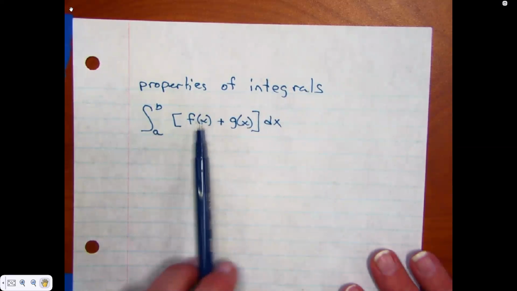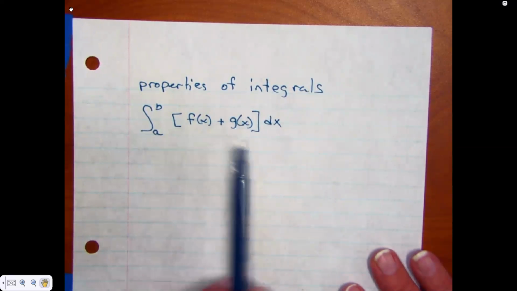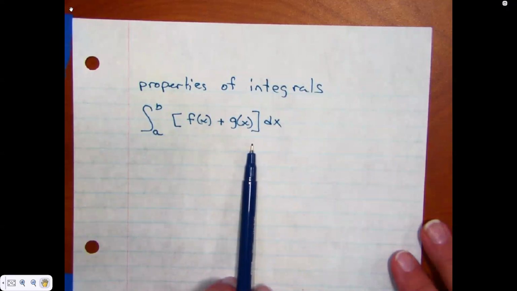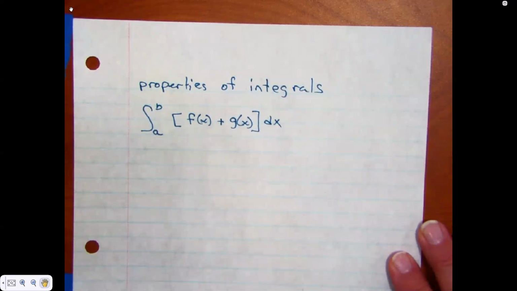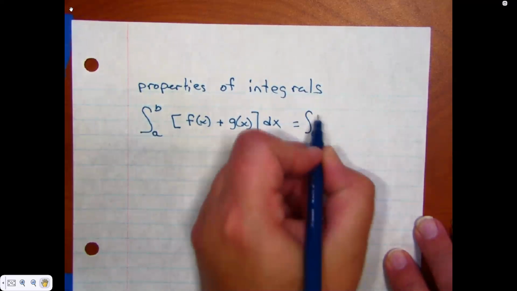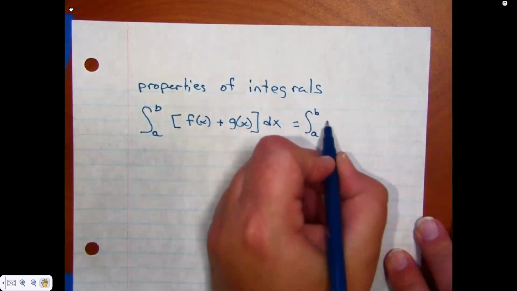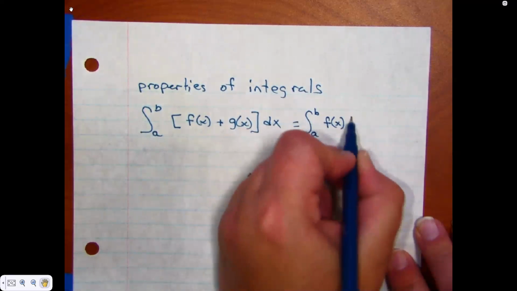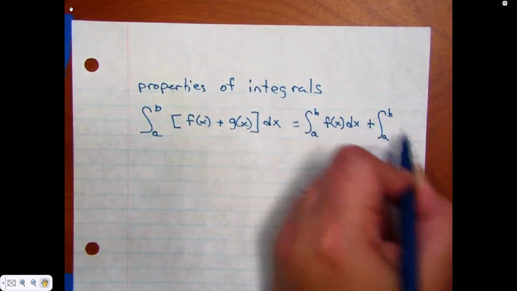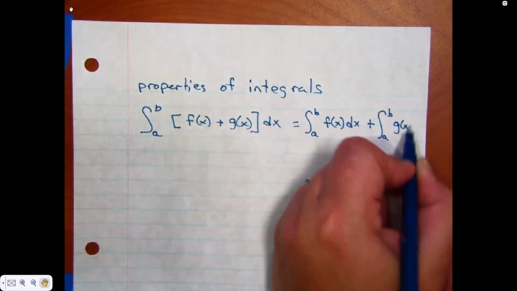Remember this kind of represents terms. So if you are adding, it is okay to do each part separate. So it is okay to do the integral of just the first function and then add it to the integral of just the second function.